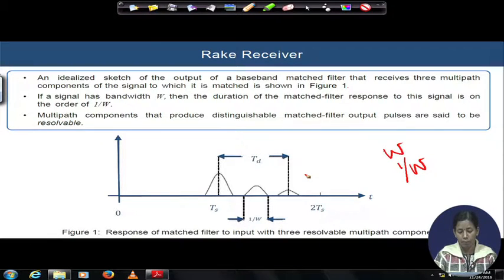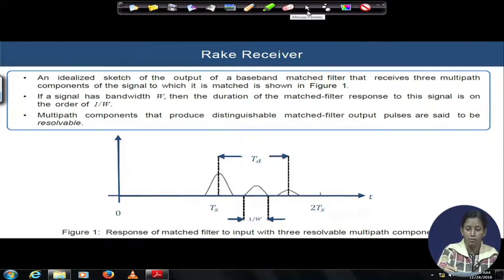It also creates intersymbol interference if the data rate is very high, and hence the symbol duration is very small, and the delay spread of the channel is very high. In that situation you will end up with a very high amount of intersymbol interference.